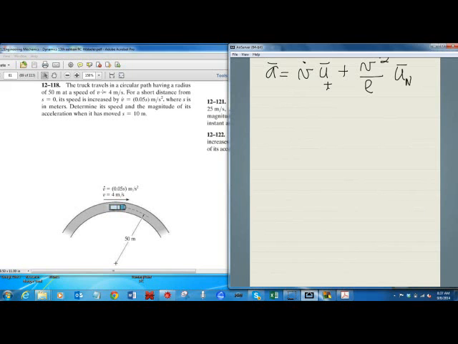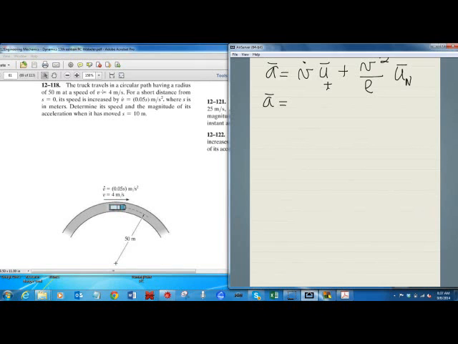Okay, so let's plug in the acceleration. What's v dot? 0.05 times s. What's s right now? It's 10, right?